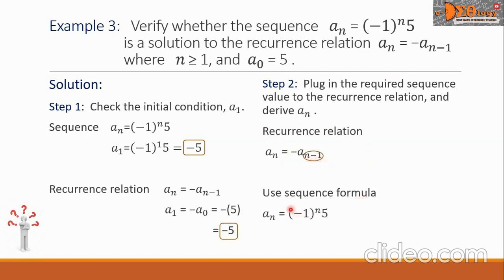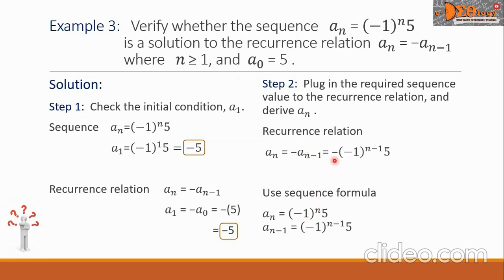Then we go for the sequence formula. Using the sequence formula, we will derive the n minus 1 value. So we have this a sub n minus 1 is equal to negative 1 raised to n minus 1 times 5. Then we will substitute this value into the recurrence relation formula.